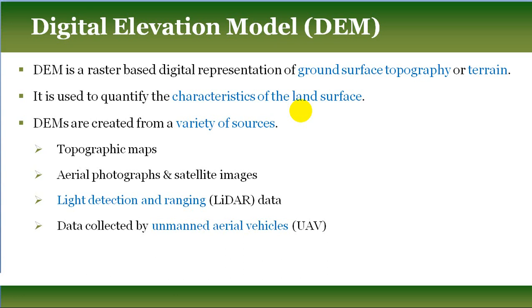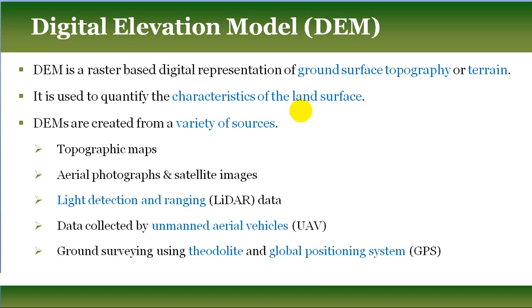You can also prepare a DEM by collecting data from unmanned aerial vehicles like drones. By flying a drone, if you capture photographs of the earth surface, that can also be used for preparation of a DEM.